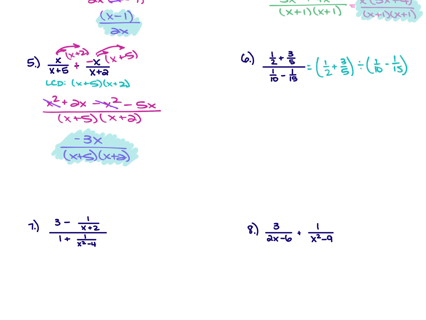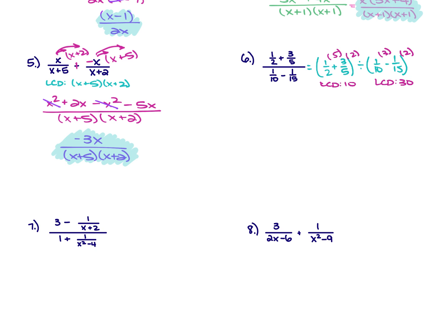From the 1/2 and the 3/5, your least common denominator is 10. From the 10 and the 15, your least common denominator is 30. So we multiply the 2 by 5 to make it 10, and the 5 by 2 to make it 10. Then we multiply the 10 by 3 to make it 30, and the 15 by 2 to make it 30.